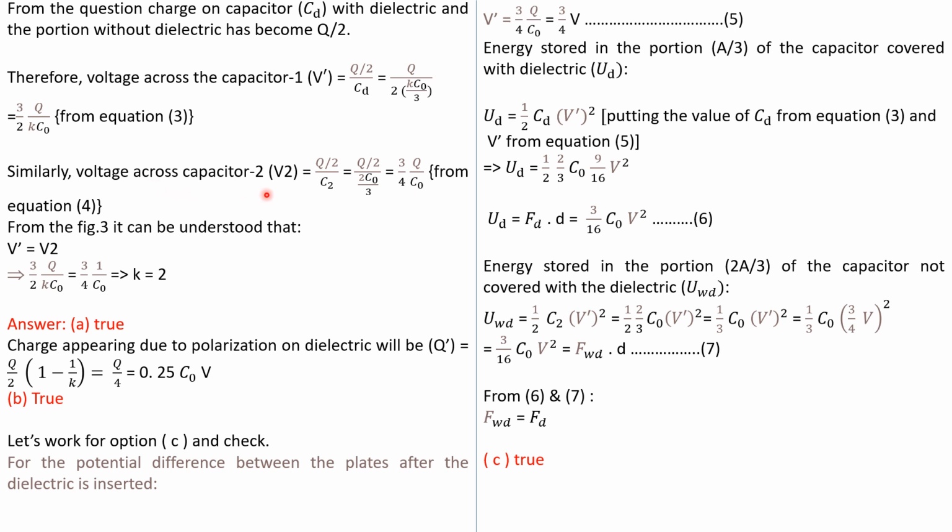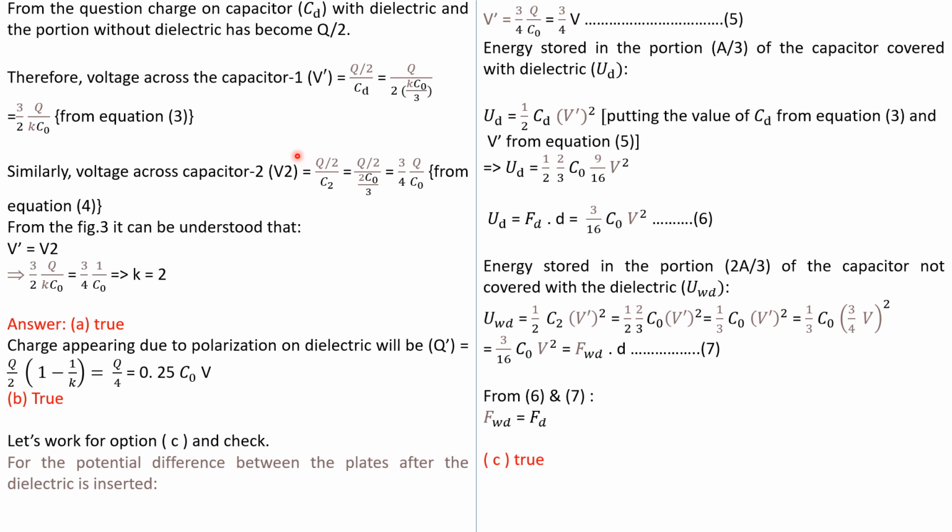Similarly, the voltage across capacitor 2, if we denote it by V2, we can reach this equation: 3 by 4 Q by C naught. But capacitors 1 and 2 are connected together through the conducting wire on the top and through the conducting wire at the bottom.